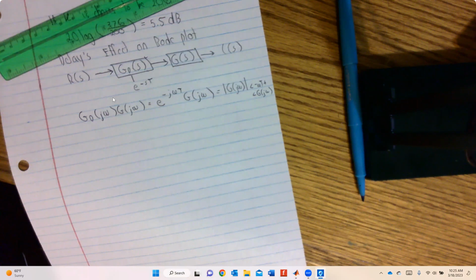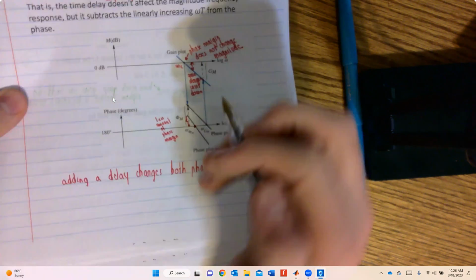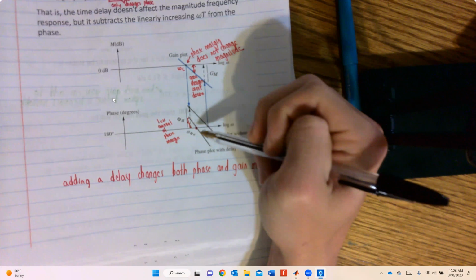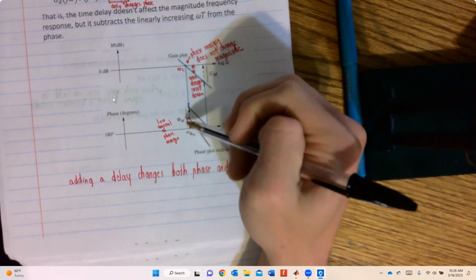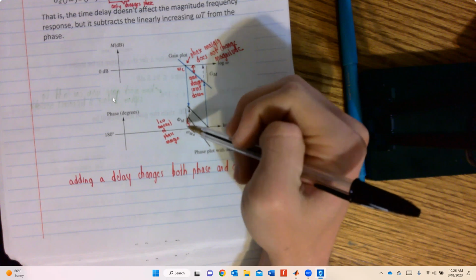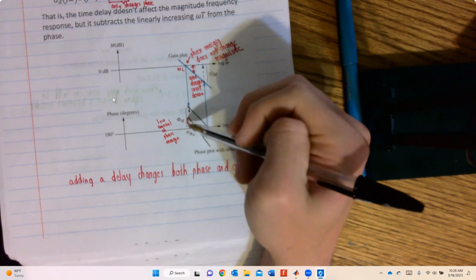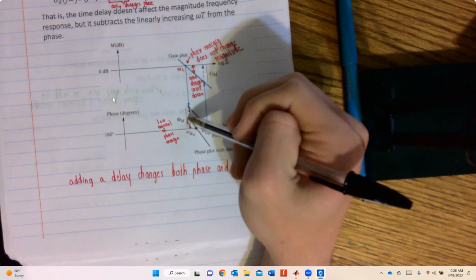And if you decrease the phase, what's going to happen in your plot? If you have the original gain and phase plot, your phase margin is going to decrease because it's going to be subtracted by omega T, so it's going to decrease a little bit.